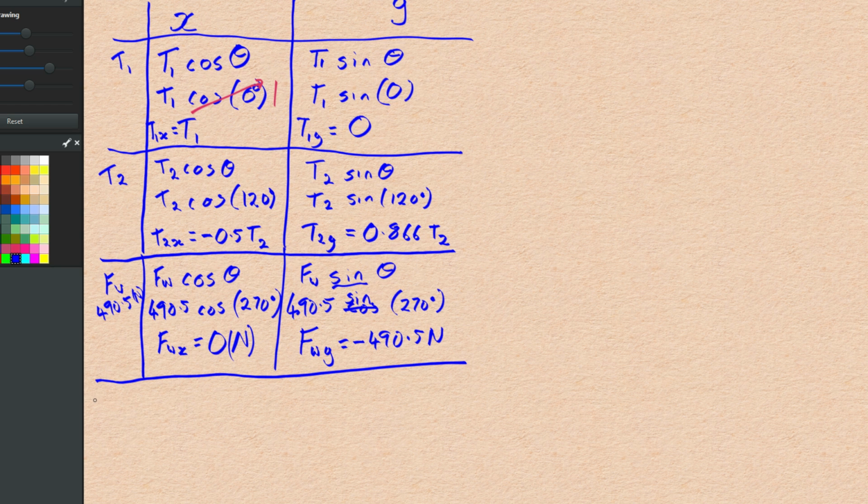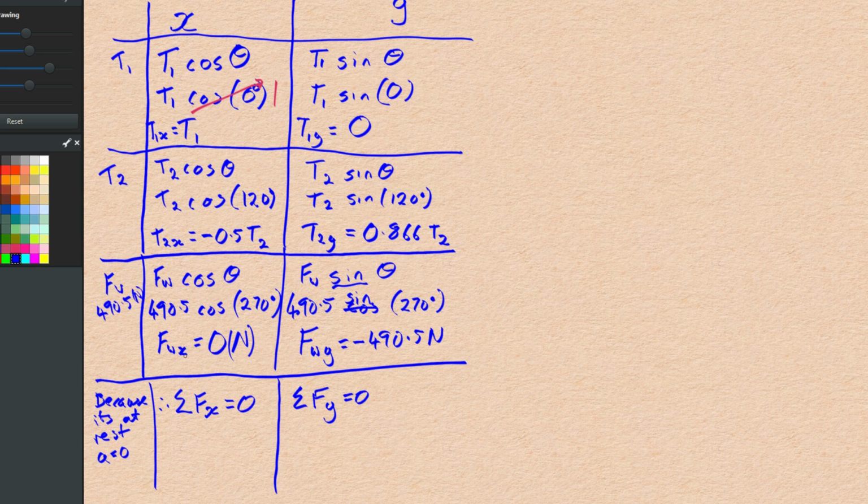Due to equilibrium, because it's at rest, or you could say constant velocity, acceleration equals 0, a equals 0, therefore the sum of forces in the x-axis equals 0, and the sum of forces on the y-axis equals 0.